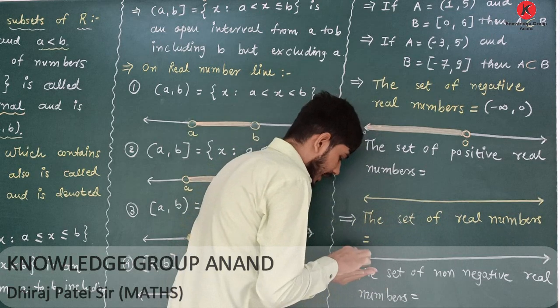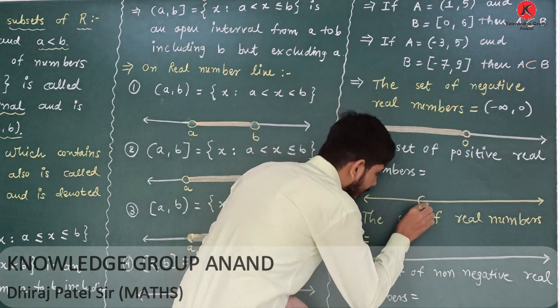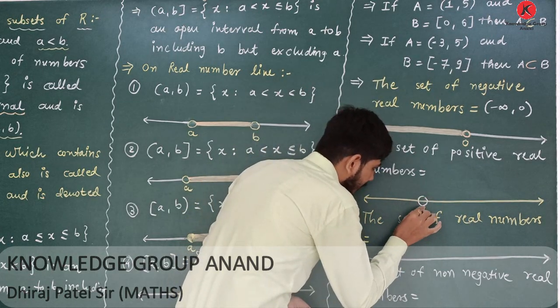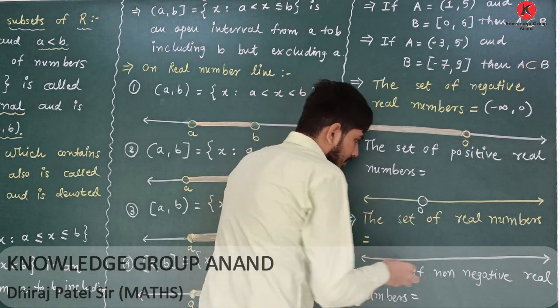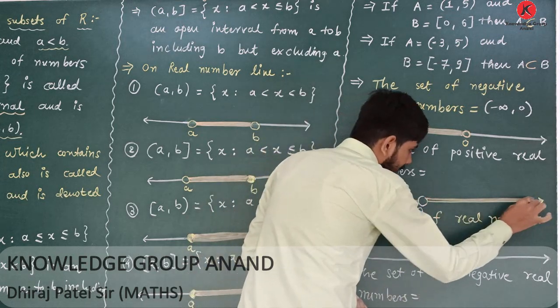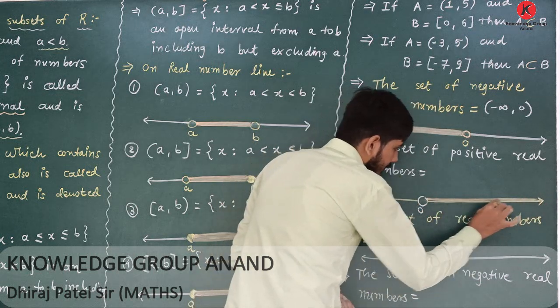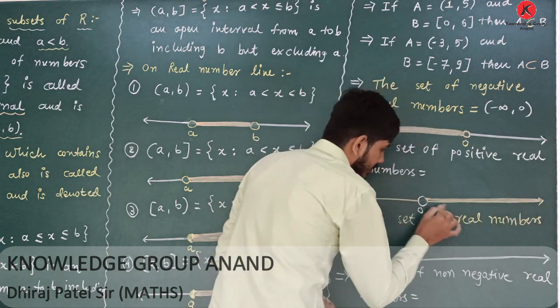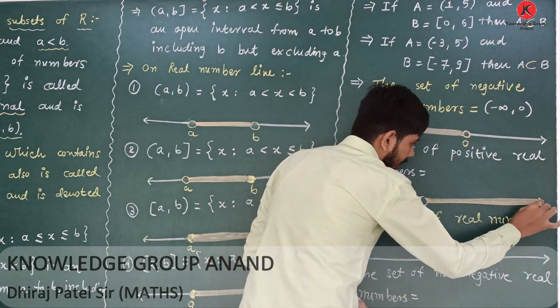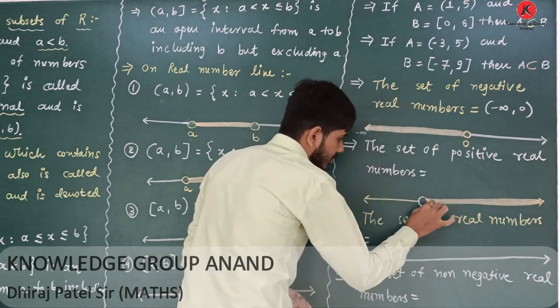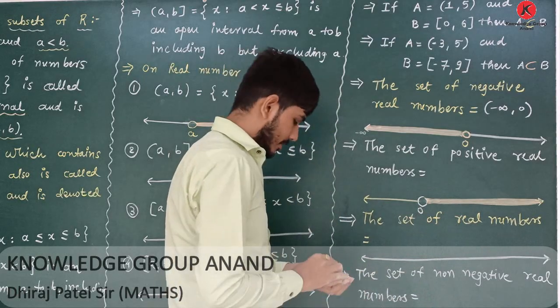Therefore, on the number line, 0 is here in a hollow circle, and all the real numbers on the right side represent all positive real numbers. On the number line, the dark portion represents all the positive real numbers.